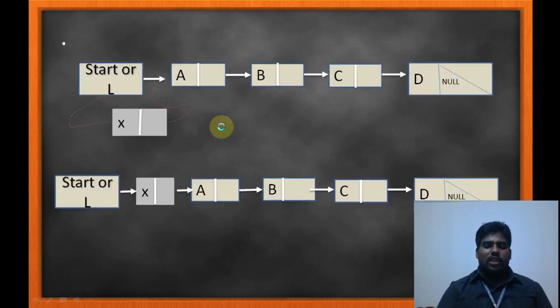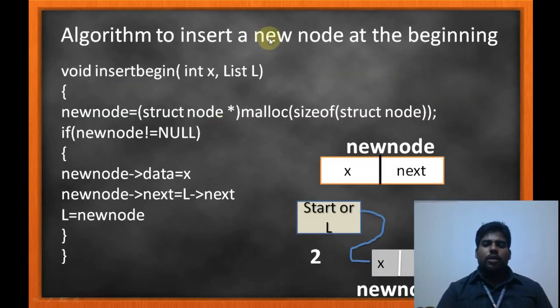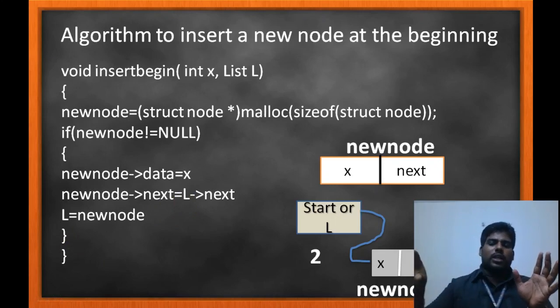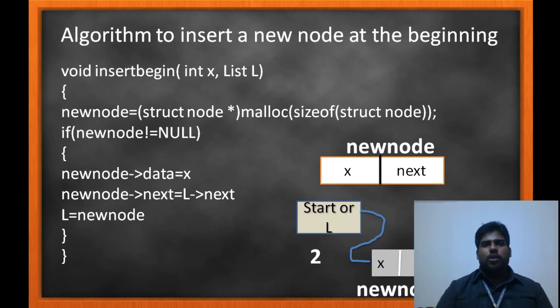So what's the logic here? Insert the new node in the beginning. So at the beginning I want to add it, right? So at first L denotes the starting position. L is the starting position, the next node is there, right? That node will be linked at the back of the new node.